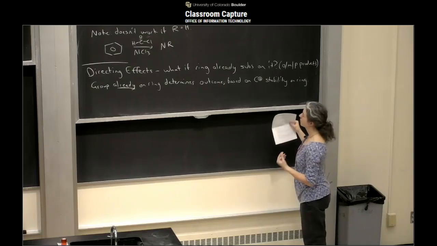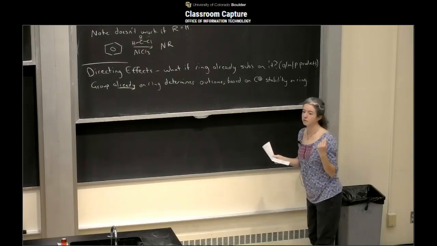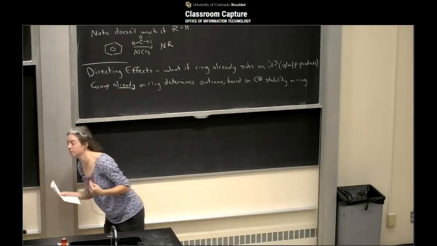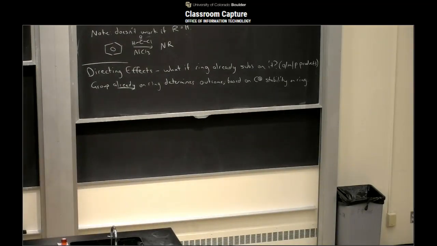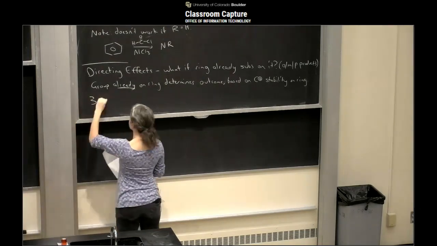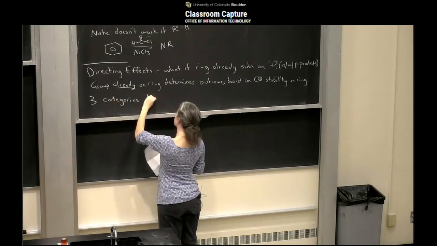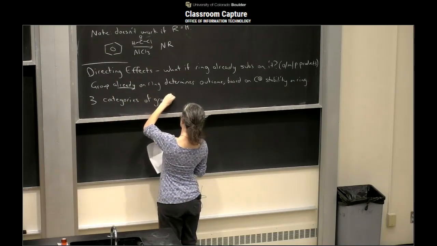Okay, so we're going to split the groups that could be on the ring to begin with into 3 different categories. So 3 categories of groups.